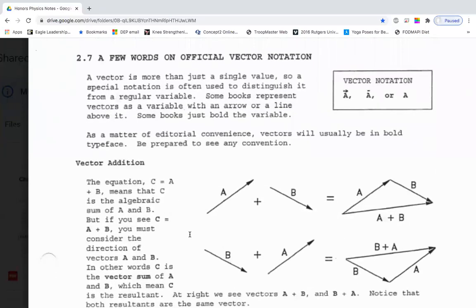Okay, now let's talk about some notation here, because I really have skipped over a lot about notation stuff. When we write down the variable that represents a vector, we want to distinguish it from the variable that would just represent, say, the magnitude. When you put a magnitude and a direction together, you get a vector. And that notation would be to take a variable and put a little arrow over the top.